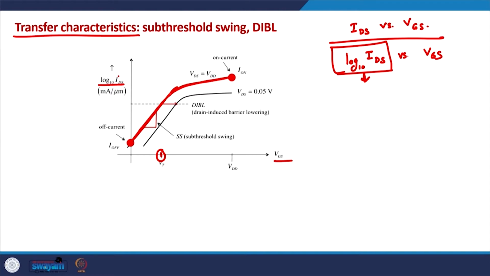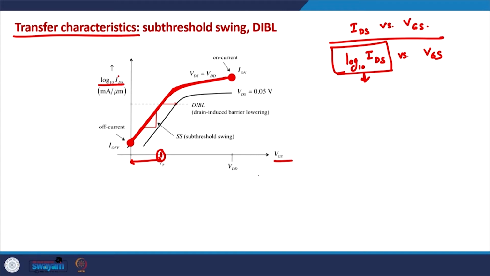There is a linear relationship between log10 IDS and VGS when VGS is less than VT. In this regime the relationship is almost linear, which means that IDS is exponentially varying as a function of VGS. That is why log of IDS is varying linearly with VGS.